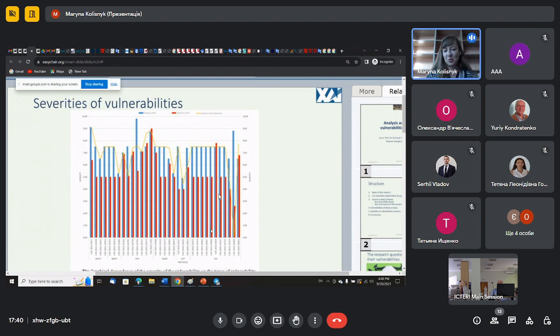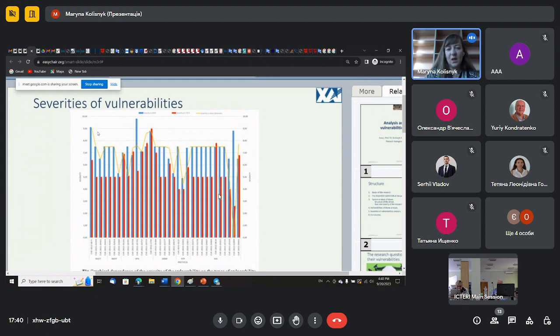Why do we have such large and complex graphics here? Because in three types of databases, you can find which severity they give this vulnerability.